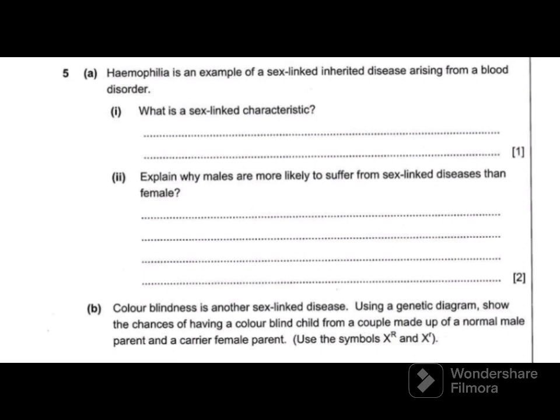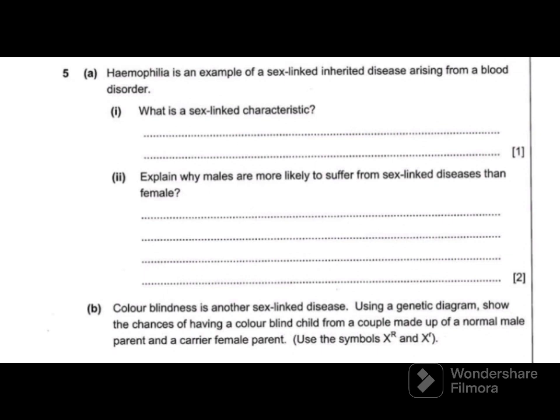Use the symbols X to the power capital letter R and X to the power small letter r.